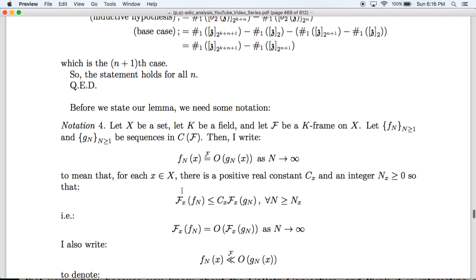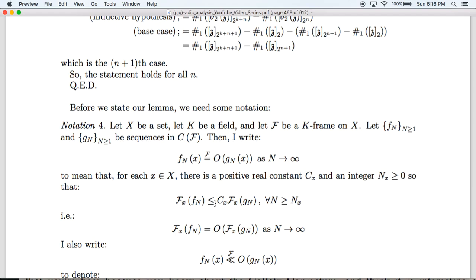I then write f_n(x) = O_f(g_n(x)) as n approaches infinity, to mean that for each x, there is a positive real constant c_x and an integer n_x greater than or equal to 0, such that the semi-norm the frame associates to the point x of f_n is less than or equal to c_x times the semi-norm applied to g_n.